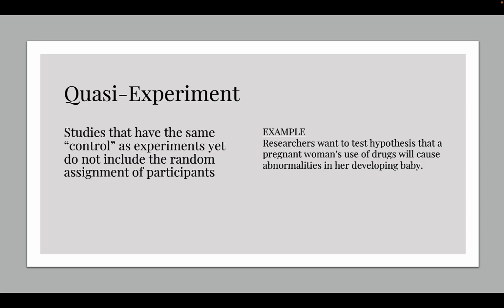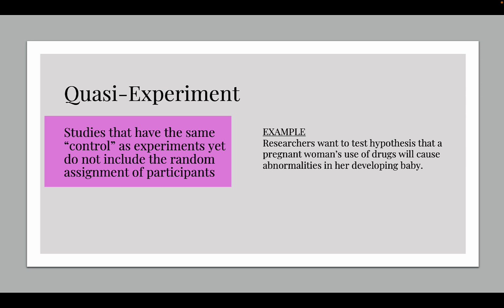All right, so the last thing that we're going to talk about is what is called a quasi-experiment. So in our next set of notes, we're going to talk about what an experiment is, but in this one, we are going to talk about just the quasi-experiment.